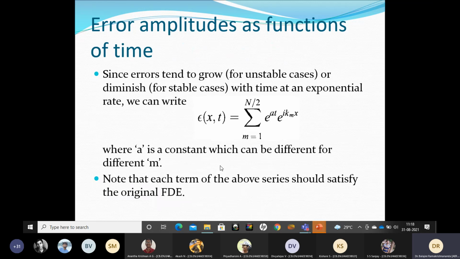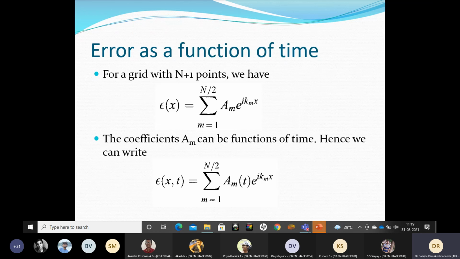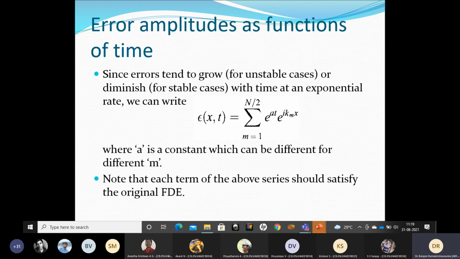Now small a is a constant which can be different for different m. In practice we have a subscript m, but generally we are writing just a. So for every m, this a can be different, but we are not putting the subscript am here to avoid confusion, to make sure this is a function of time only, and this is a function of space only.